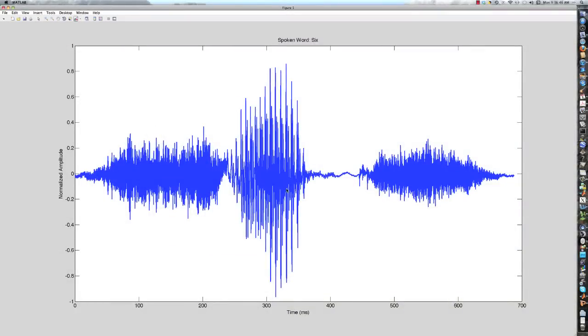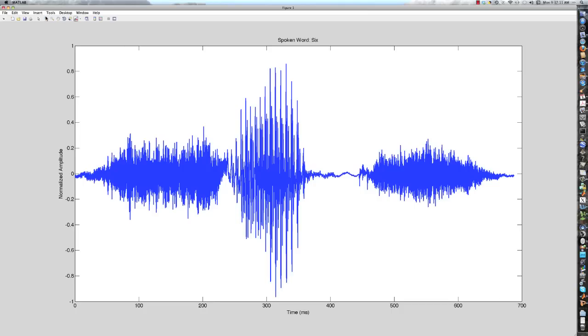Okay, so if we look at this, it's produced by a human speaker, so the waveform is fairly complicated, and again, there's a lot of samples in here. I believe this was only sampled at 32,000 samples per second, so we've got almost 700 milliseconds of samples here, so this is probably on the order of 20,000 samples.